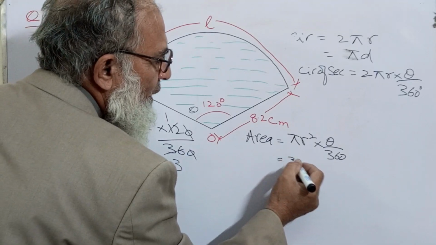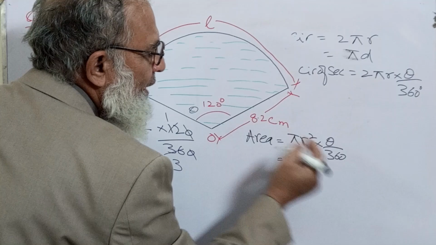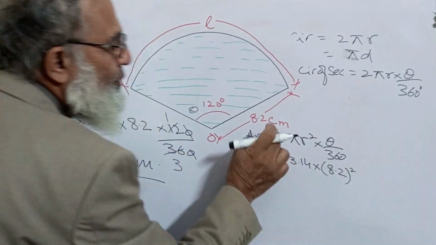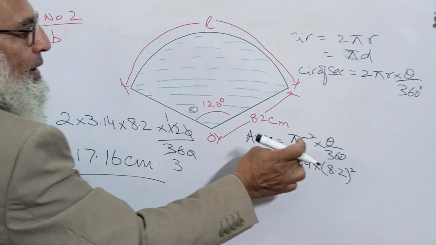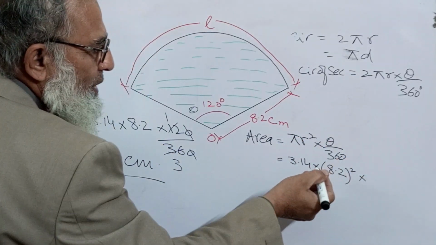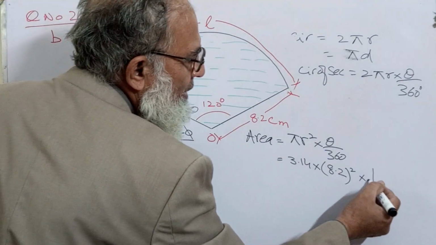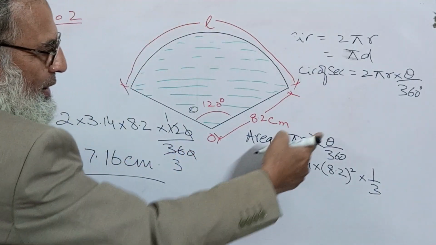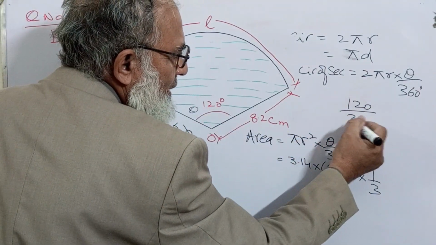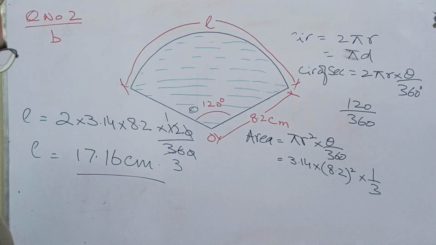So it is 3.14, and the square of 8.2, because it is in square over here, and theta upon 360, as I already solved it, is 1 by 3. If you just do 120 upon 360, it is 1 by 3. Okay, now let me solve this also.